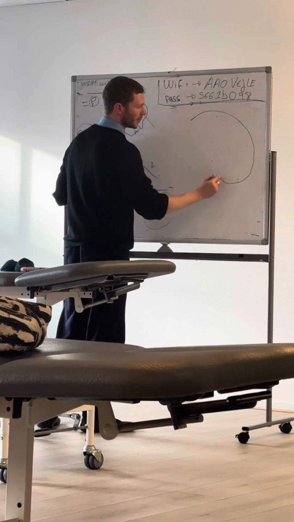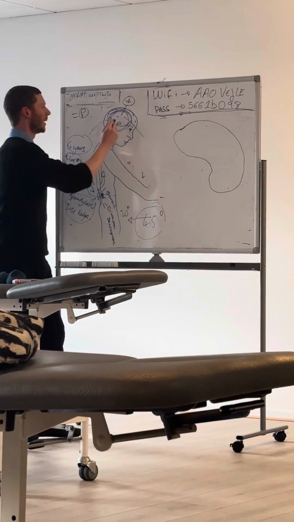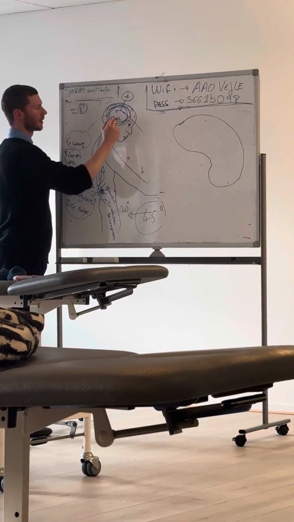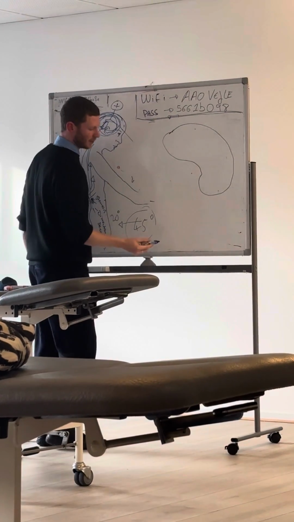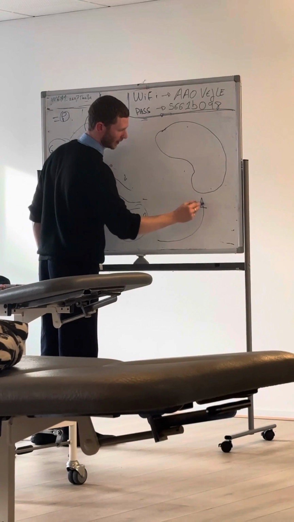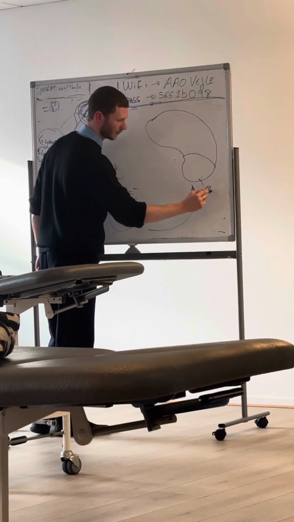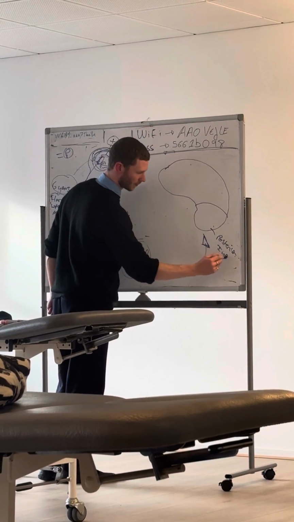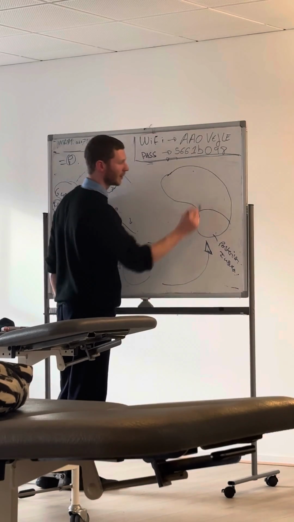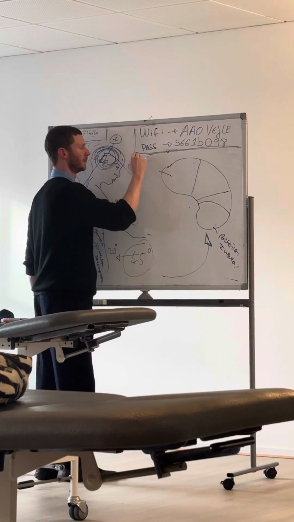The insula is shaped kind of like this, and it's in the parietal lobe of the brain, so it's kind of about here, and it receives input from the body via C fibers into the posterior insula. Okay, we have the middle insula here, and here we have the anterior insula.